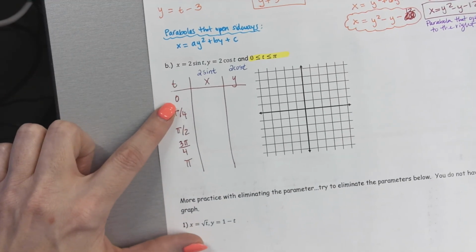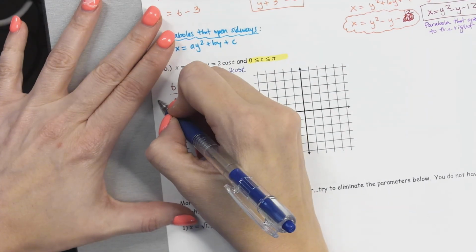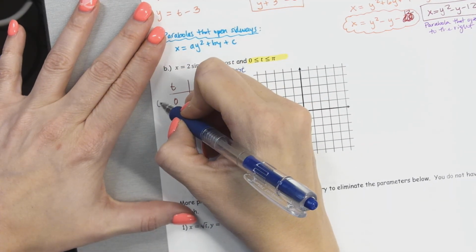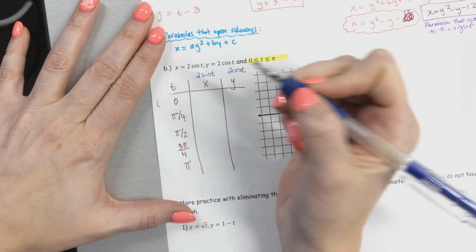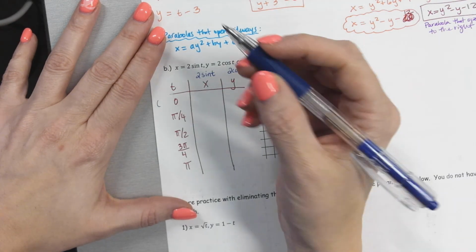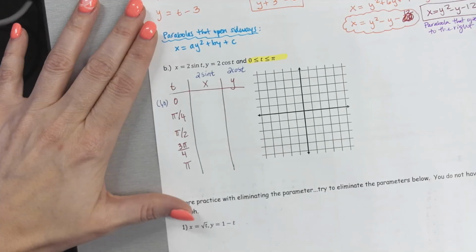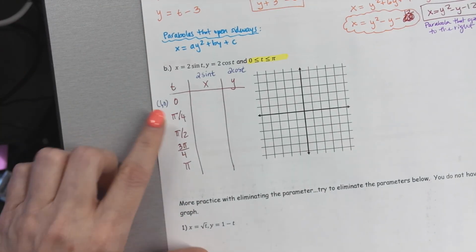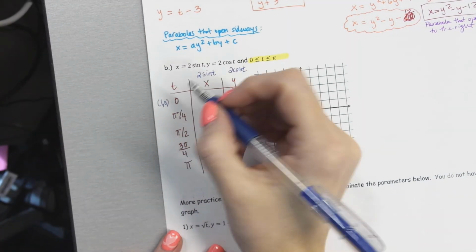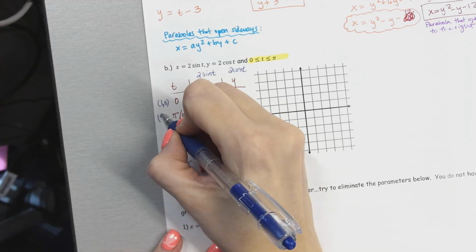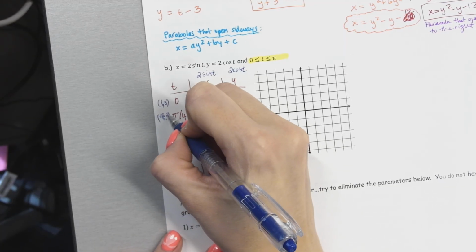Okay, so if you plug in 0, remember, what's the point at 0? What's your point? That'll be 1, 0, sorry. Yep, and then let's actually just do all the points. At pi over 4, what's your point? Root 2 over 2, root 2 over 2.